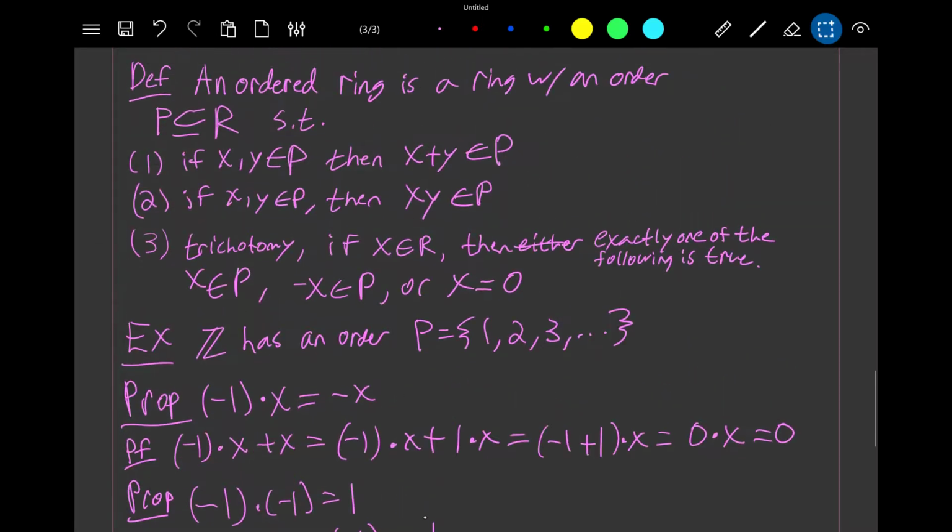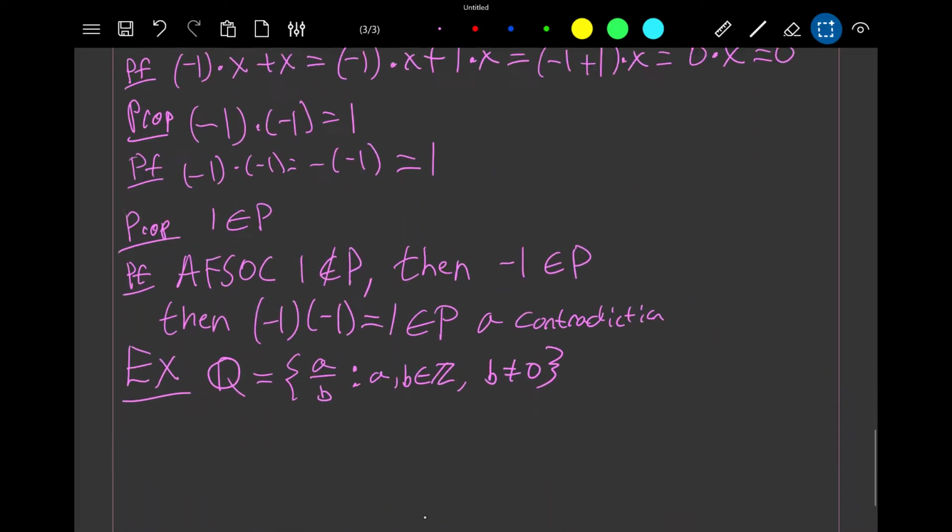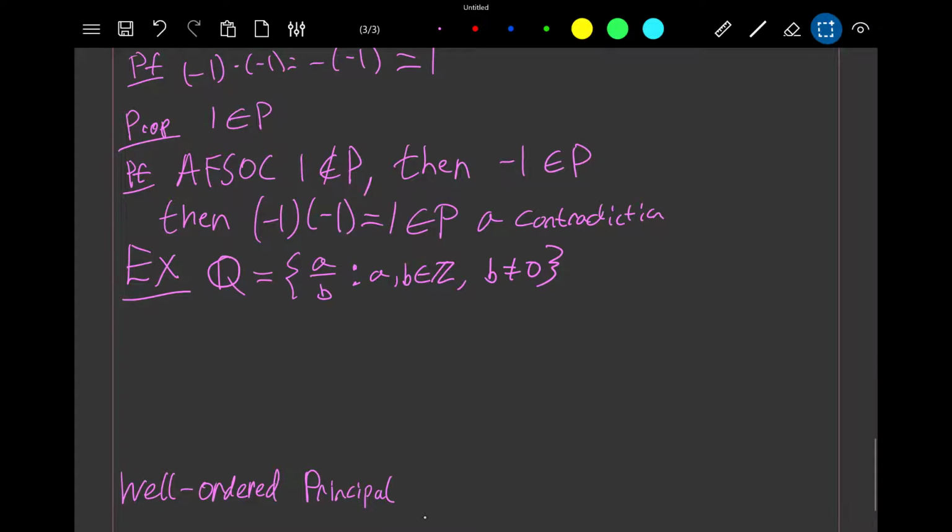We talk about an order up here, but when we talk about an order, we can then define, in an ordered ring, what does it mean for x to be less than y? Our definition of order is just having this set with the properties above.